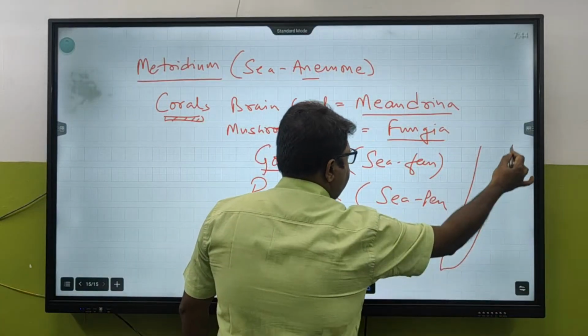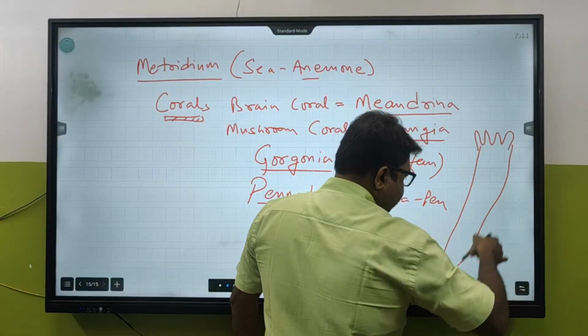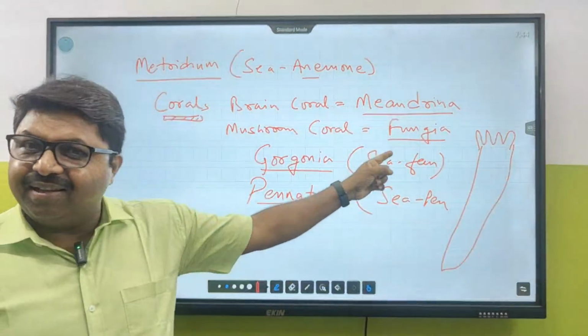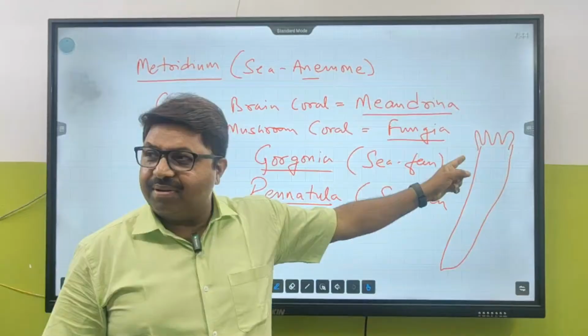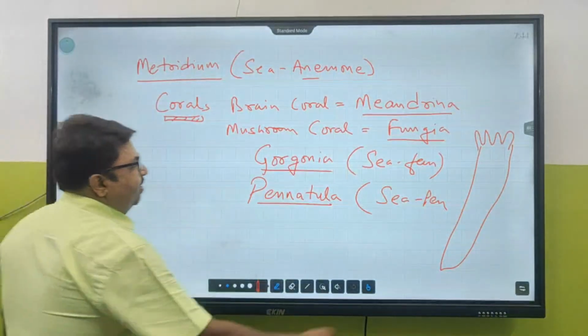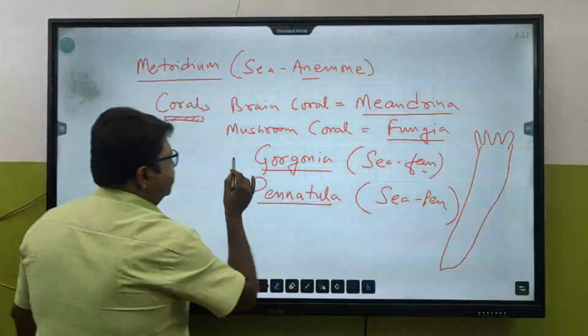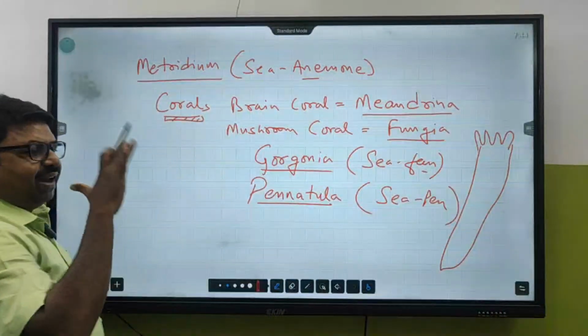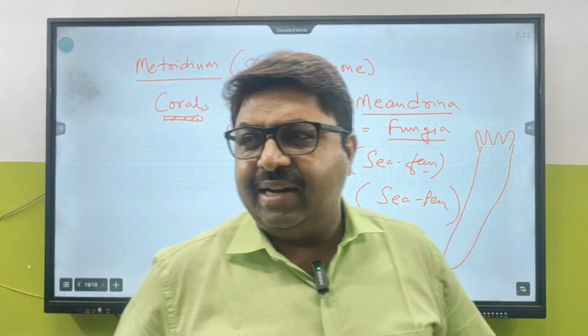They look like a pen only. And they look like sea pen, called Pennatula. Sea pen, and sea fan. So Gorgonia have a flat shaped structure and they look like a fan only.